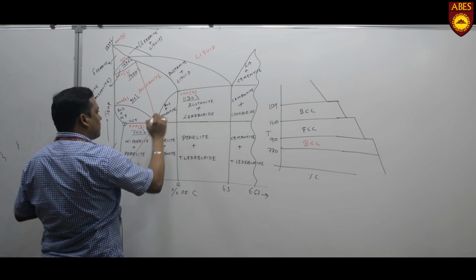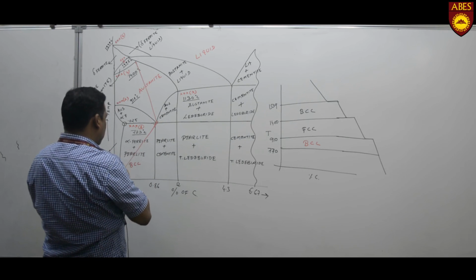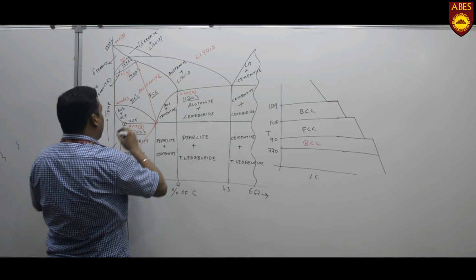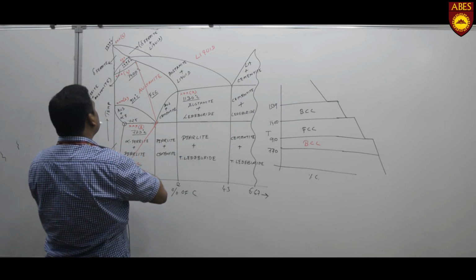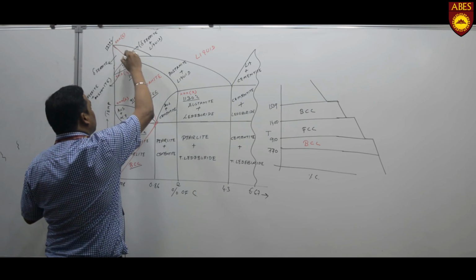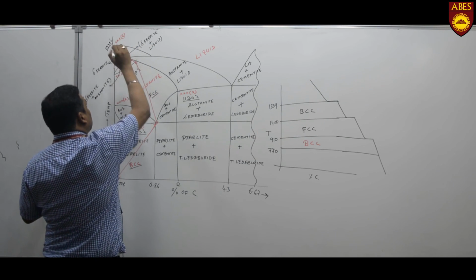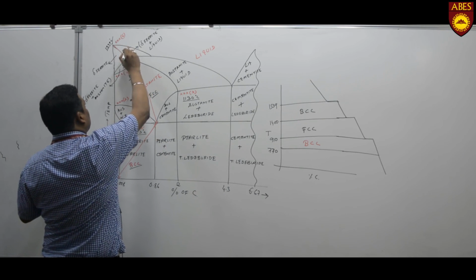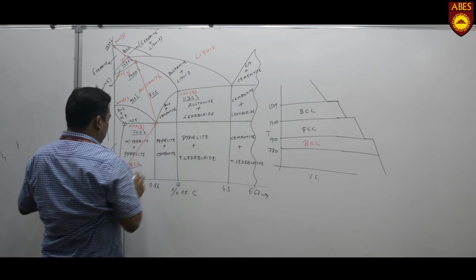So we can say this is the FCC, and again after a certain temperature, up to 1539 degrees centigrade, it is called the BCC structure. I think it is clear. Okay.